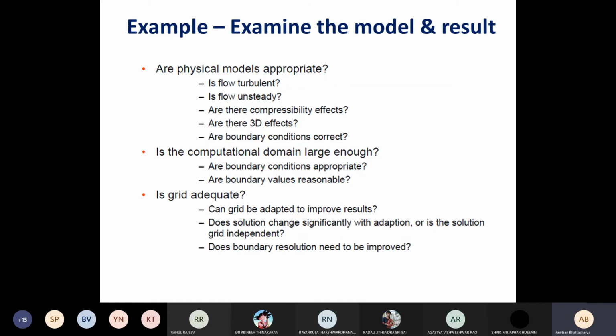Again, these are all relative errors. You cannot say what the exact error is because you don't know the exact solution. You are calculating relative to the refined mesh. So you have to do one refined mesh study, decide which case is suitable, and then run all the other cases at that length scale.